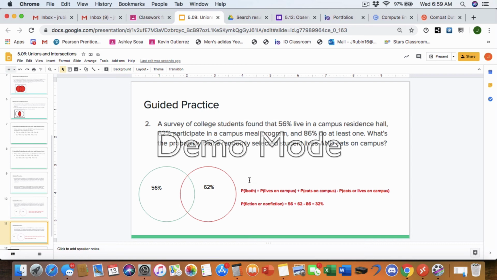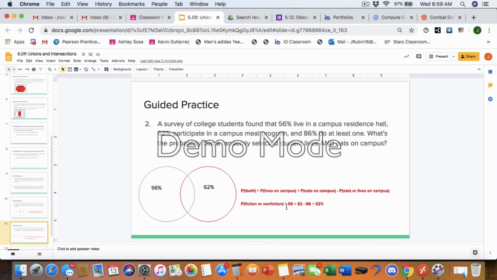So to find A and B, we do the probability of living on campus plus the probability of eating on campus minus the probability of eating or living on campus. So 56 plus 62 minus the 86 leaves us with 32.